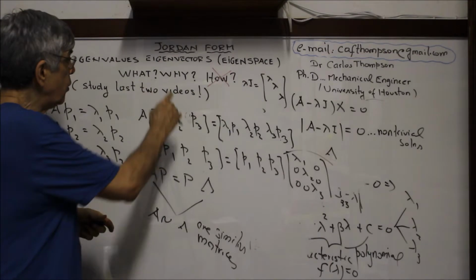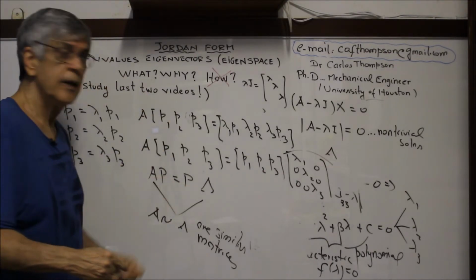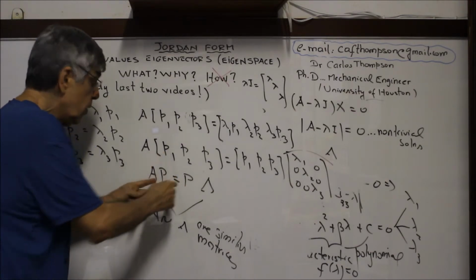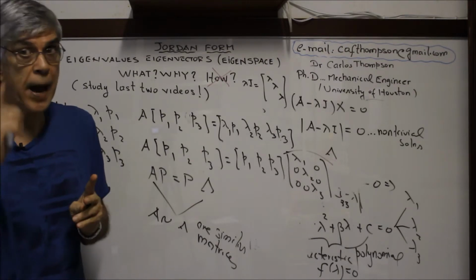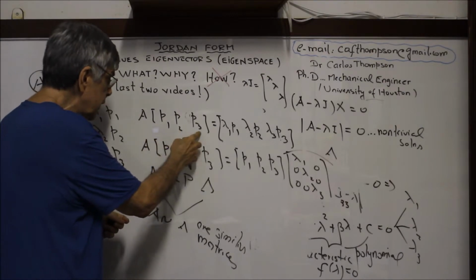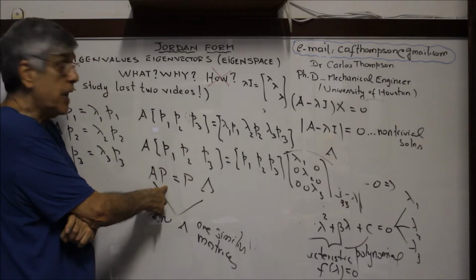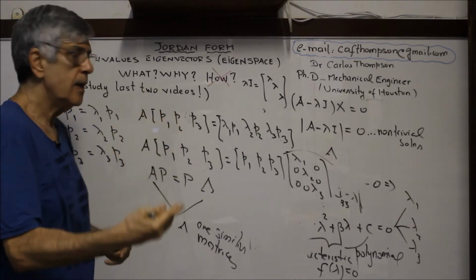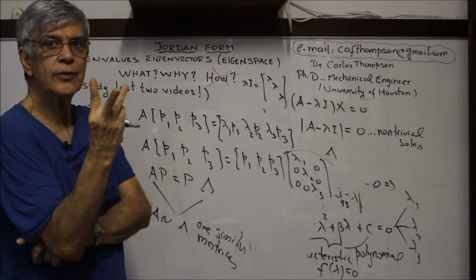Do you remember in this video here, I called the P a magic P? I still don't know P, but I know P1, P2, P3 go into P, and this P is constructed by the three eigenvectors.